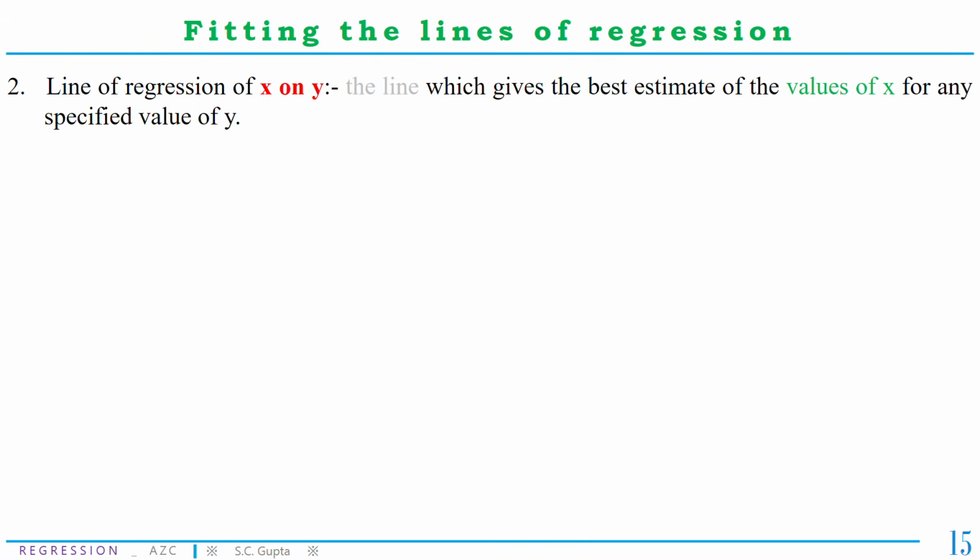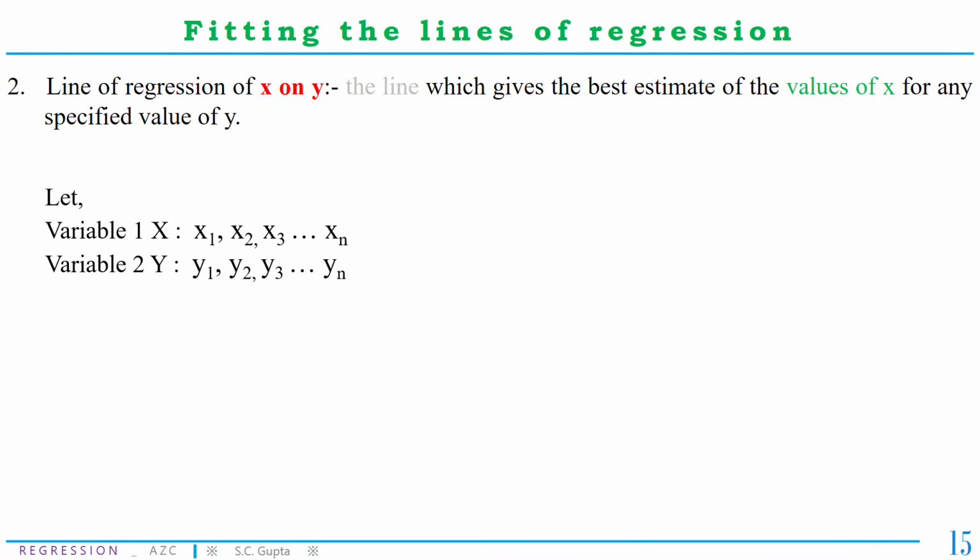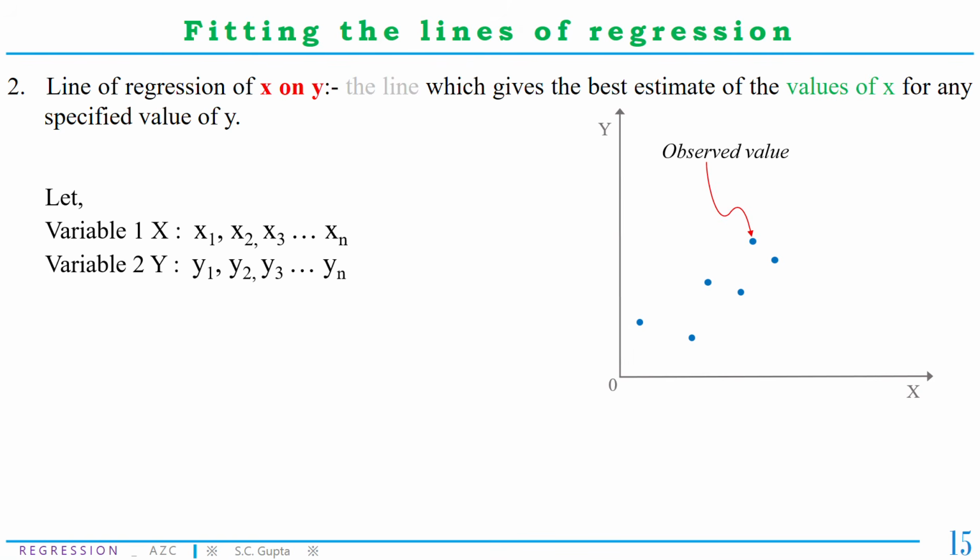Line of regression of x on y, which gives the best estimate of the values of x for any specified value of y. Let us take a general example with values of x and y and plot a graph as shown here. In this plot, dots represent the points of observed values, generally represented as xi, yi.